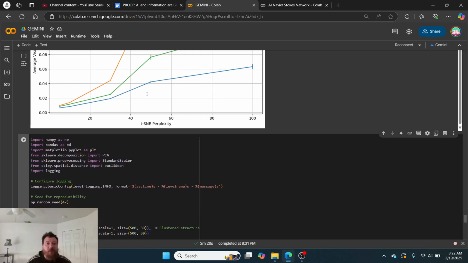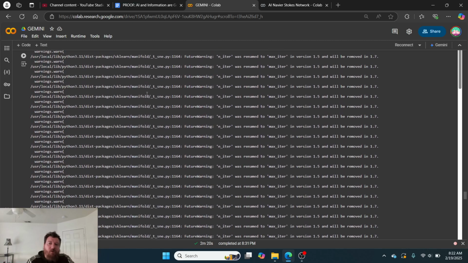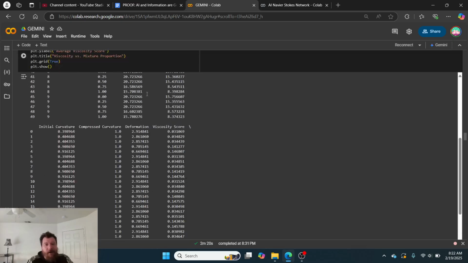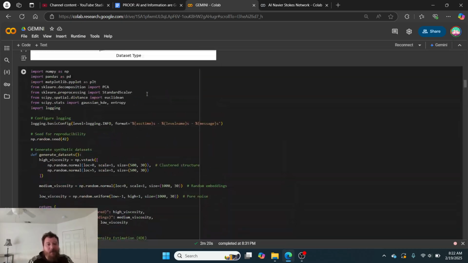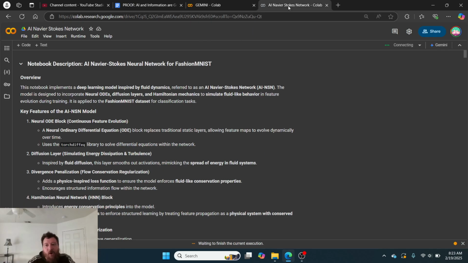But essentially, all of these tests combined allow us to come up with the mathematical equation that we put at the top here for data, proving out that data itself is a fluid structure. And then the next step would be, okay, so data itself is a fluid structure.